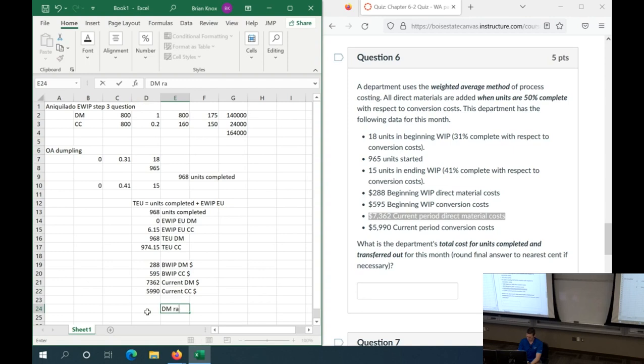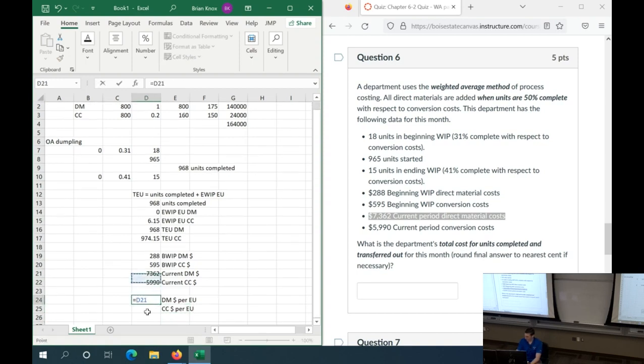This is our DM rate, our DM cost per equivalent unit, and our CC cost per equivalent unit by taking the sum. Like I said, we're going to include the beginning WIP costs as well as our current period costs for whatever cost category we're talking about. This is DM, direct materials, and divide it by the total equivalent units with respect to direct materials. So now we have our rate for direct materials.